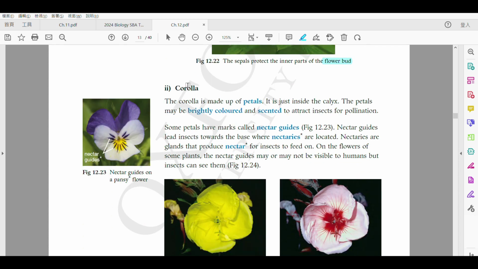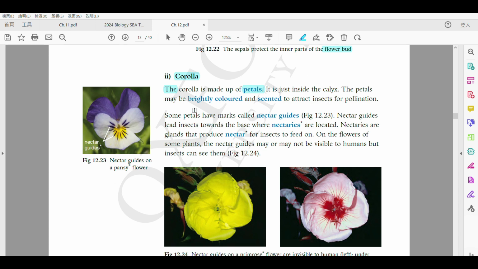The next one, we're going to talk about corolla. Corolla is very beautiful, right? It's made up of petals. It's the second outermost layer, just inside the calyx. Petals are usually brightly coloured and beautiful, purple, bright yellow, red.